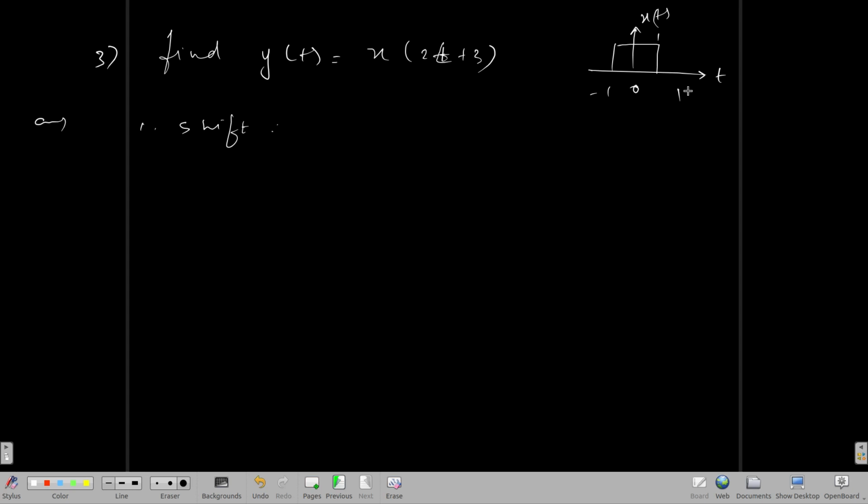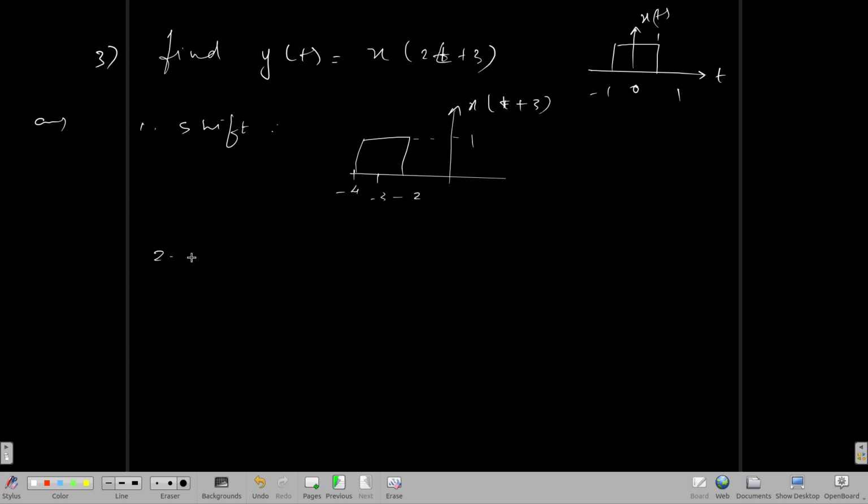So 1 will become 1 minus 3, that is minus 2. 0 will become minus 3, and minus 1 will become minus 1 minus 3, that is minus 4. So our shifted signal will be something like this: minus 2, minus 3, and minus 4. Value height won't change. So this is x of t plus 3.